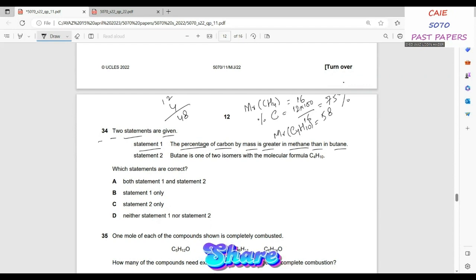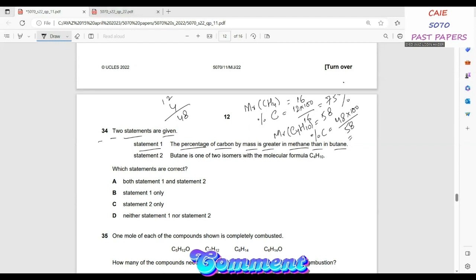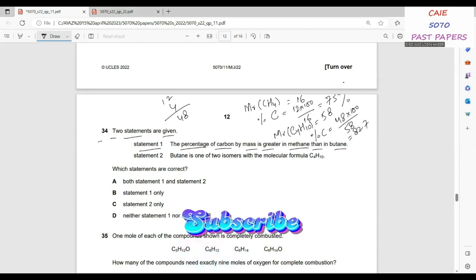So 58 will be the MR of butane. In order to get the percentage of carbon, we multiply 48 by 100 and divide by 58. The percentage will be 82.7, which means this statement is wrong.